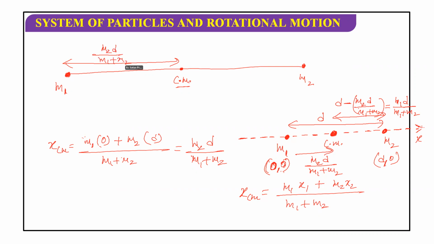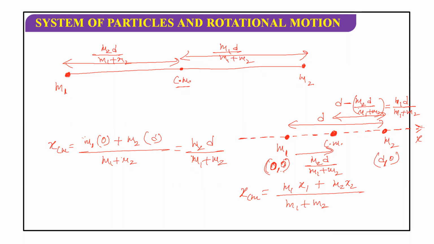Center of mass distance from M2 will be M1d divided by M1 plus M2. So any doubt in this? Derivation is okay. This is how we calculate the center of mass for two masses M1 and M2. Any doubt? Anyone?